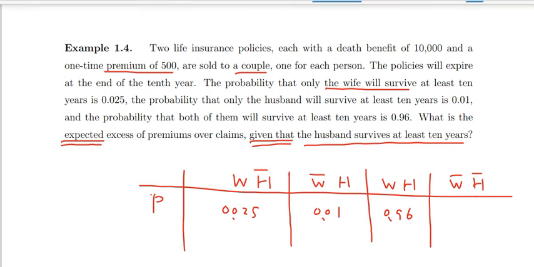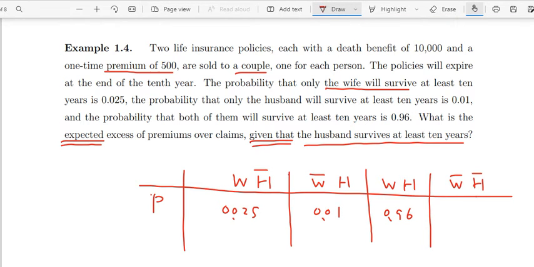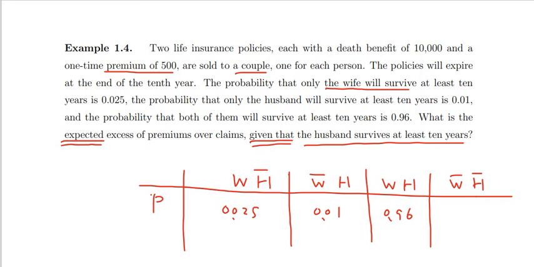Both of them will die: 1 minus 0.96, 0.01, 0.025, so this equals 0.005.